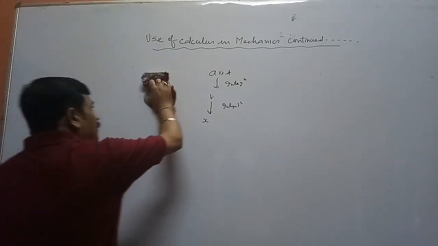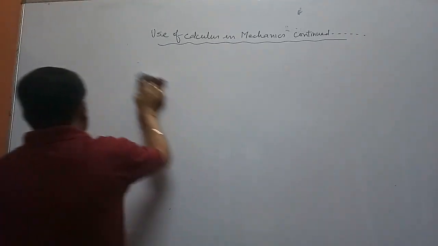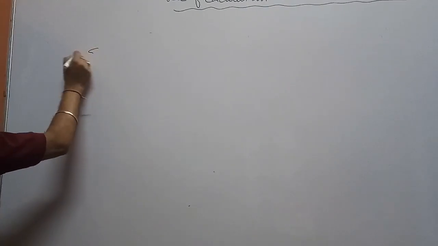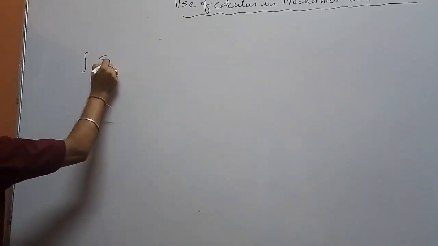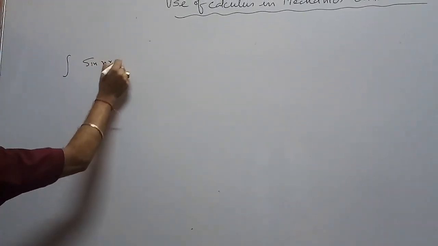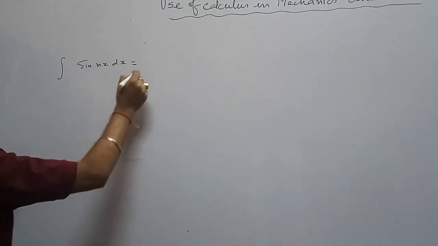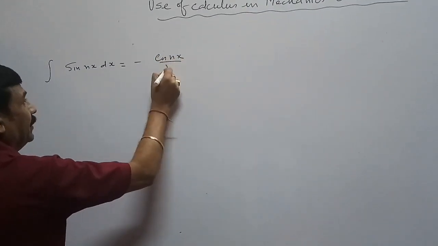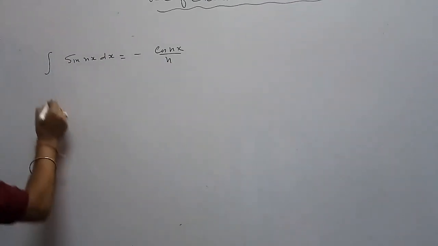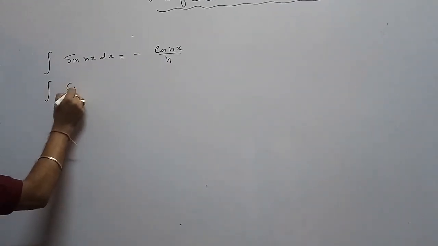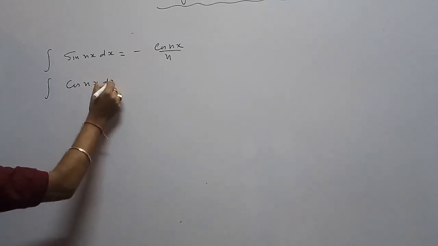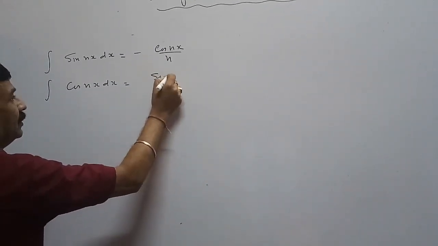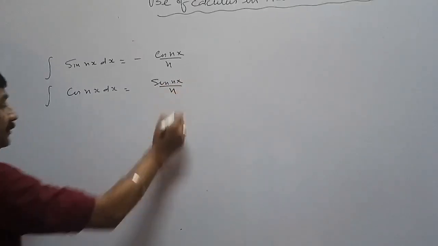Now a few more rules which we apply frequently in integration are: integration of sin nx dx is equal to minus cos nx by n, and integration of cos nx dx is equal to sin nx by n.